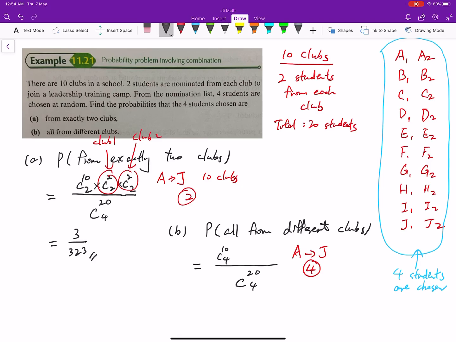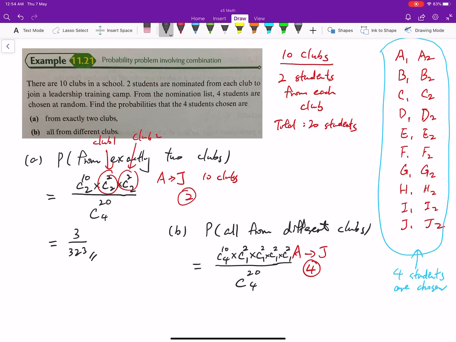And then in each club, we only need to pick one of them instead of 2 this time, right? So actually we have some choice. We have 2C1 for club 1, and then 2C1 for club 2, 2C1, and then 2C1.